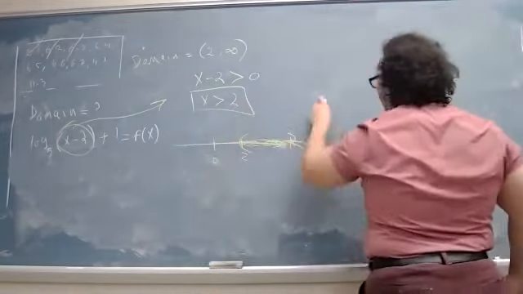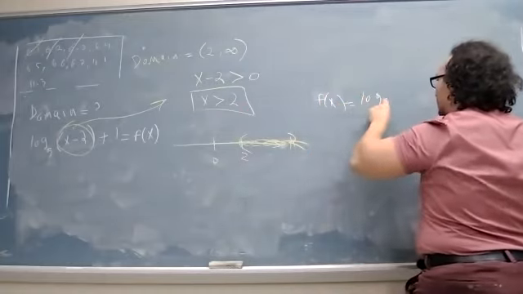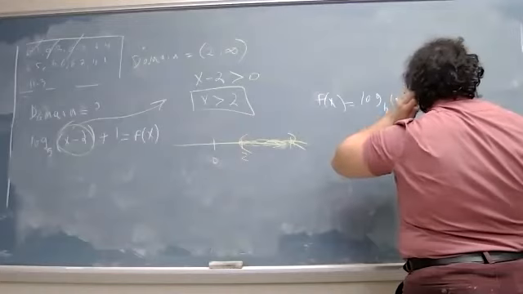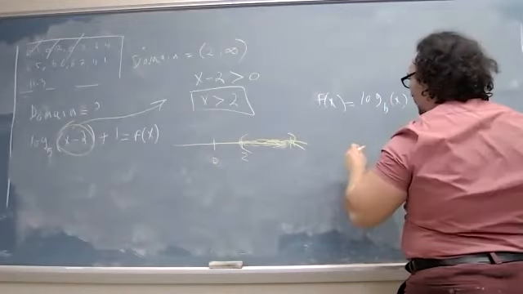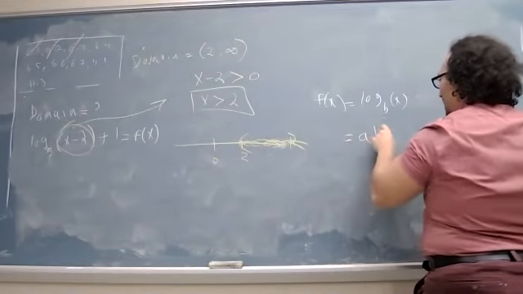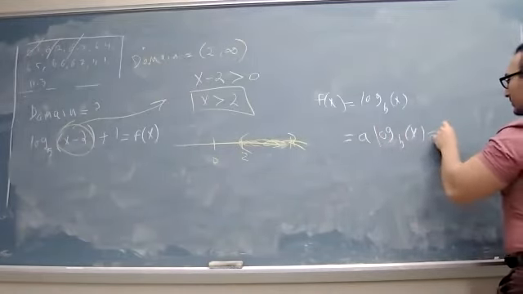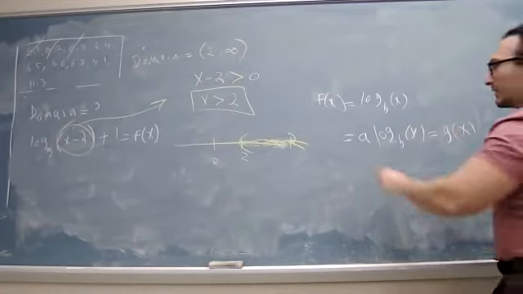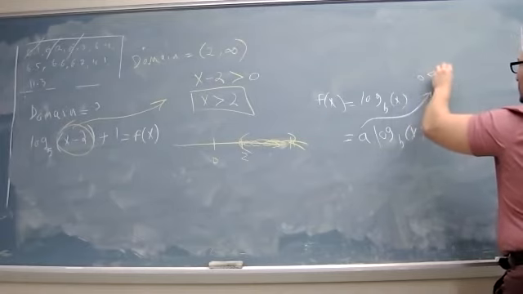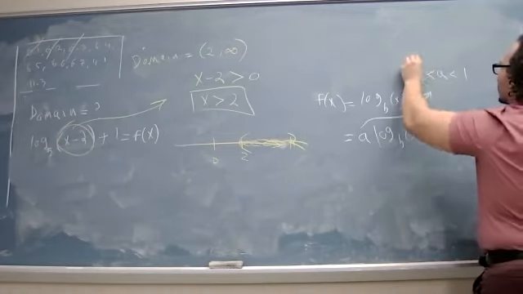I will note that in general, for f of x equal to log base b of x, you can cause a stretching or a compression of the function by multiplying by some constant. So a log base b of x, if this is your g of x, compared to f of x, if a is a number that is greater than 0 but less than 1, like a fraction, this will lead to a stretch.